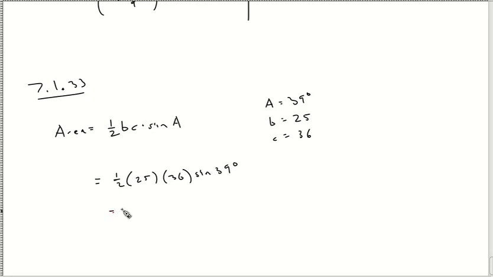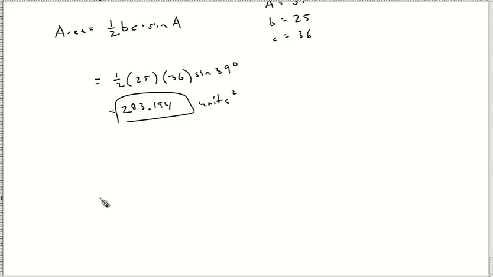Make sure that your calculator's in degree mode, etc. 283.194. Super, super easy stuff there. And this is units squared. I don't know what unit we're talking about. Feet, miles, meters, inches, it doesn't really matter. So there we go. There's your formula. There's what you do. Keep on cruising.